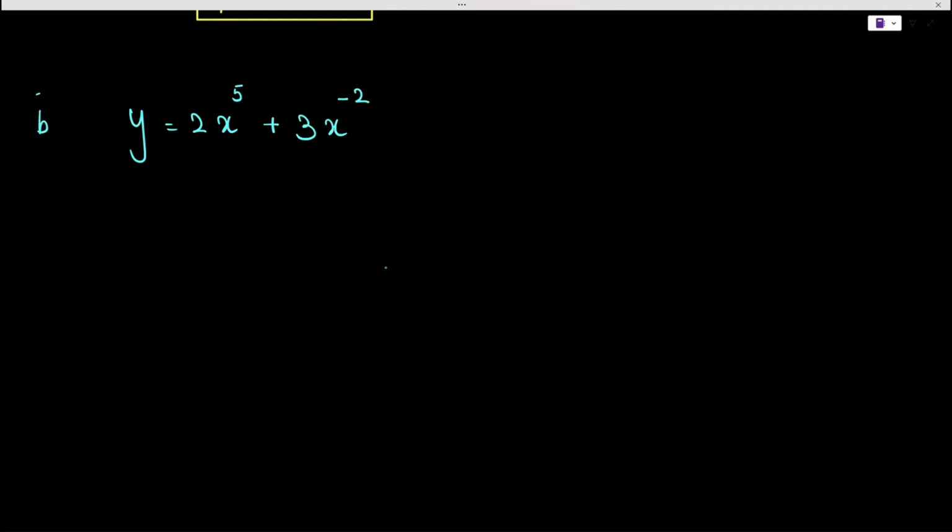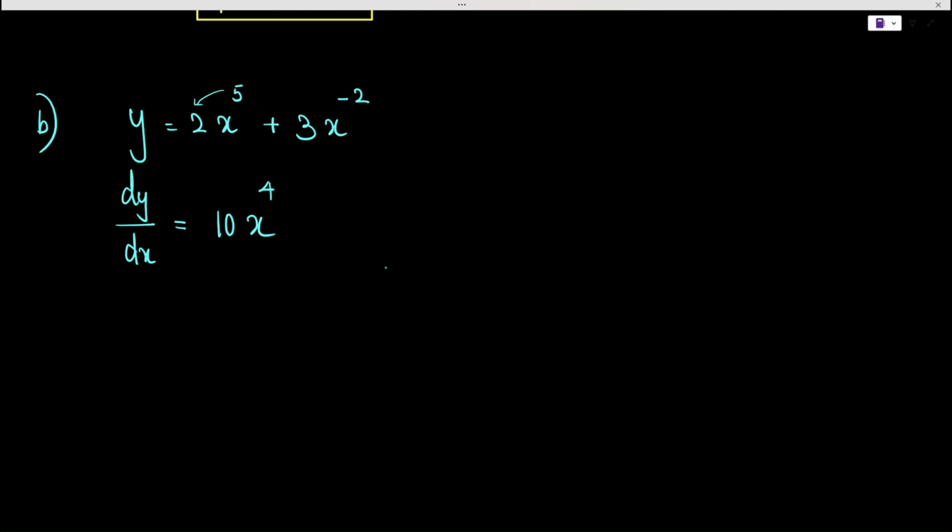So dy by dx is equal to, so our coefficient here is 2. We multiply this by our power, which is 5, so we get 10x, and then 5 minus 1 is 4.